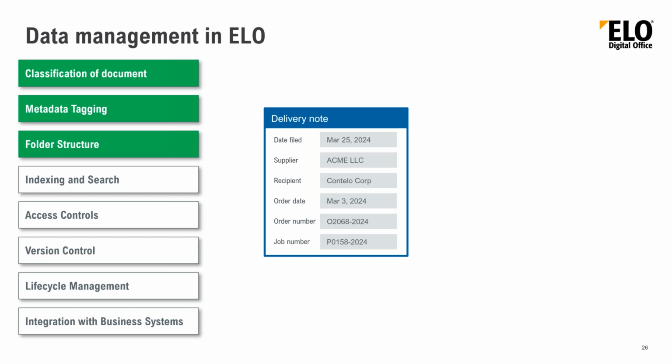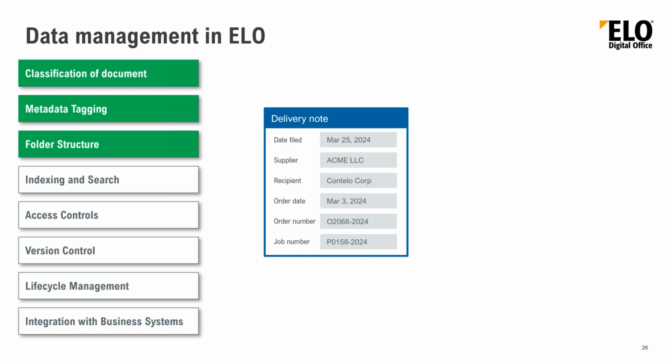Then we need another thing, that's access control. That's a big topic for data management, because not everyone should access every data in the repository. For example, an invoice or HR documents need different permissions, because you have to make sure that not everyone has access to this information.